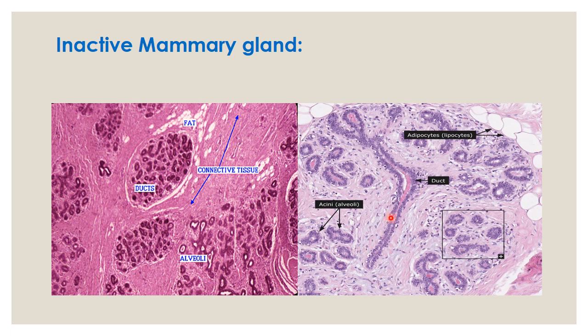Now you can see here the lactiferous duct. The lactiferous duct is lined by stratified cuboidal epithelium, and the lumen of the duct is also not clearly visible. So this is an inactive state, with a variable amount of adipocytes and alveoli, and a lot of fibromuscular stroma surrounding these alveoli.